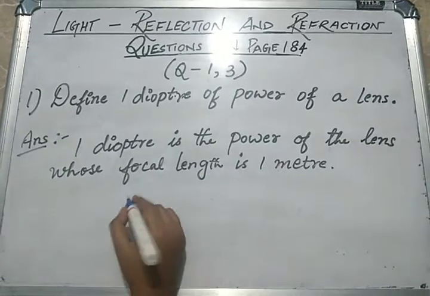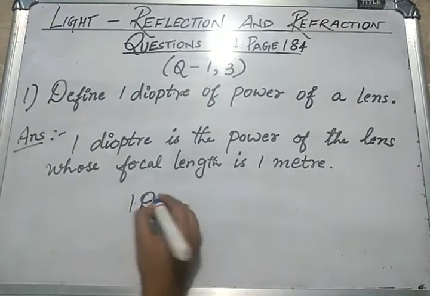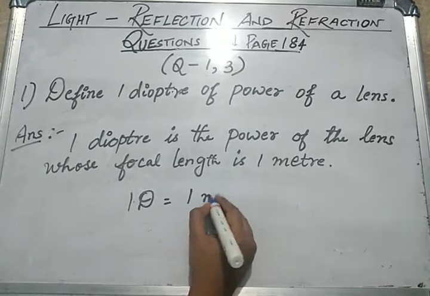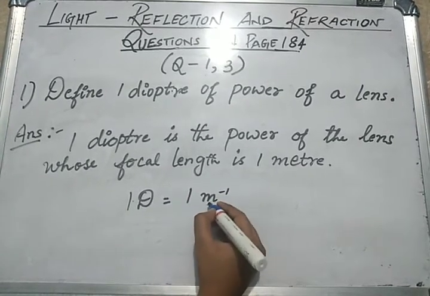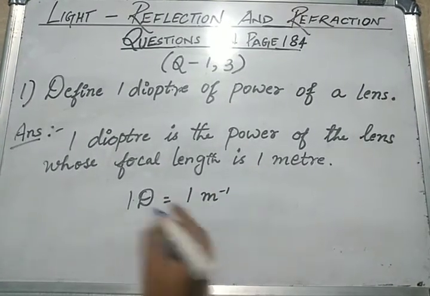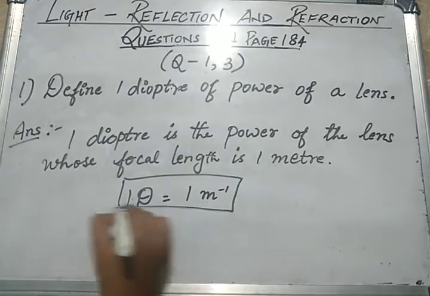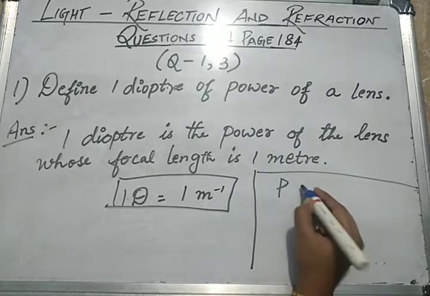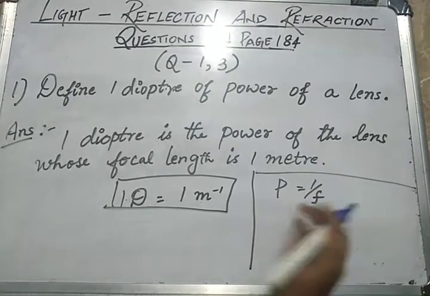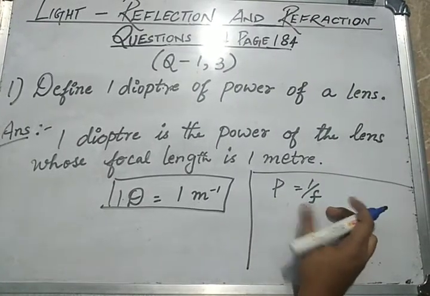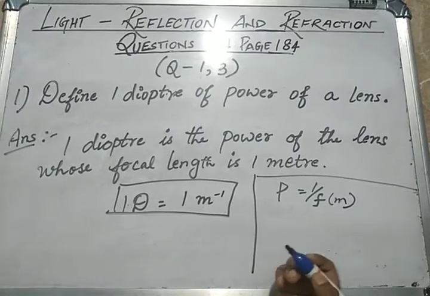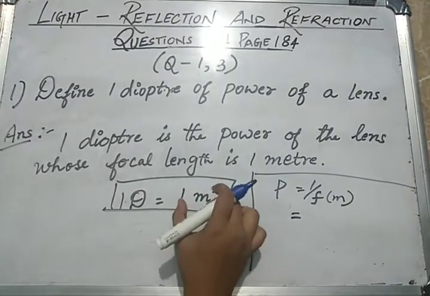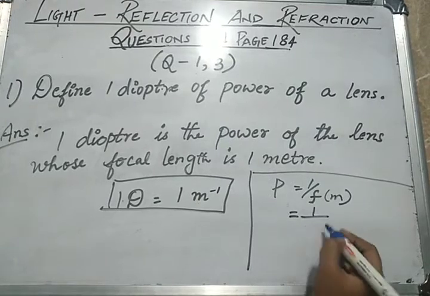Then you write the equation, 1 diopter is equal to 1 m to the power minus 1. Here m means meter, okay? Because we know the formula of power is 1 by f. Power is the reciprocal of focal length when focal length is in meters. Now, when the focal length is 1 meter, we should write like this.